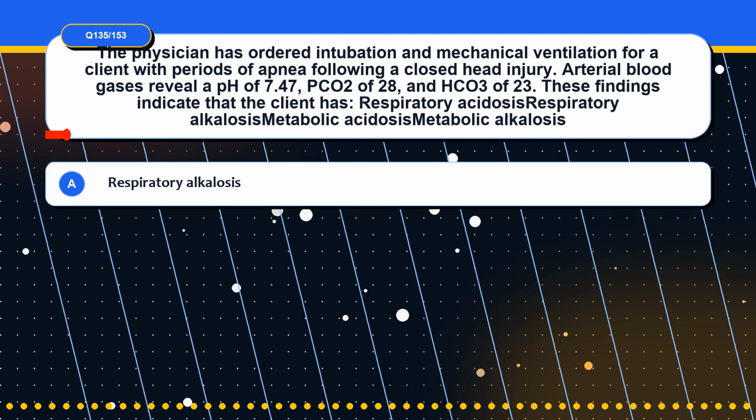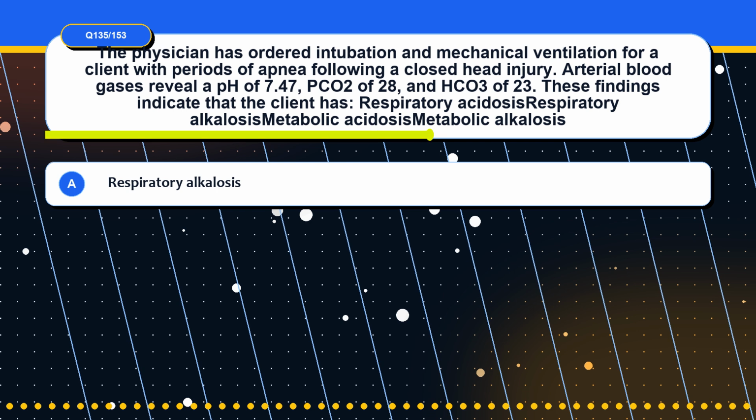Question 135. The physician has ordered intubation and mechanical ventilation for a client with periods of apnea following a closed head injury. Arterial blood gases reveal a pH of 7.47, PCO2 of 28, and HCO3 of 23.